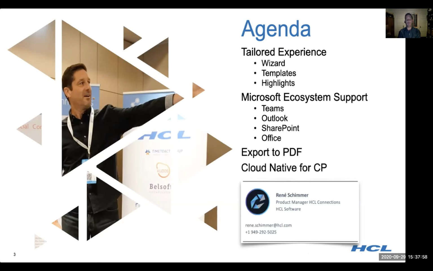The whole point is giving end users a capability to create an experience for their communities, for their project teams, etc., groups of people, to build an environment in a community that fits their purpose, right? So tailored experience is always synonymous with community. And there are a couple of exciting things that we're adding in Connections 7 that make that so much easier and more effective and more engaging.